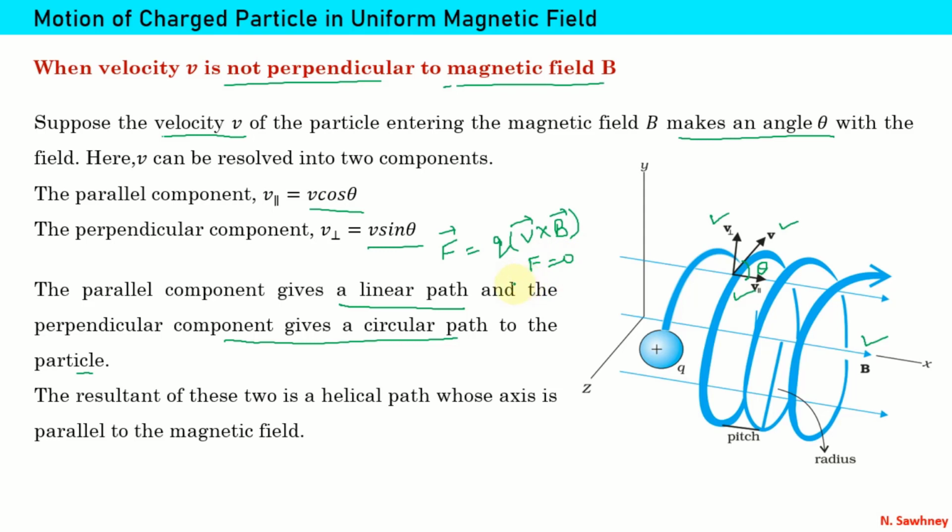That means no force is acting on the particle and simply the particle is giving us the linear path and the perpendicular component is giving the circular path. The resultant of this linear and the perpendicular component is giving us the helical path, whose axis is parallel to the magnetic field like we have shown here.